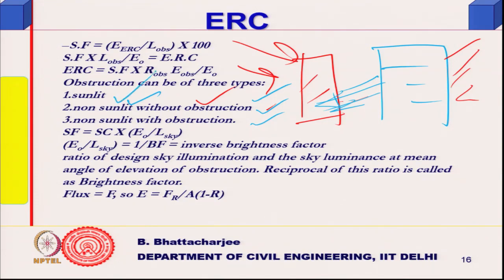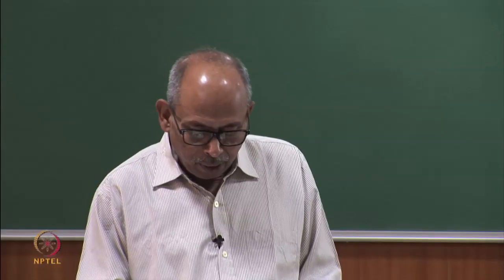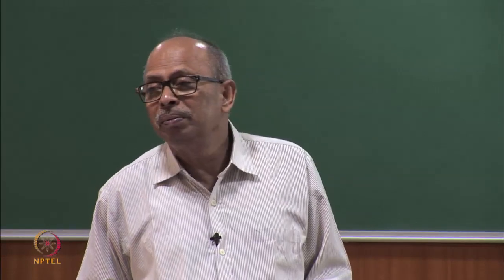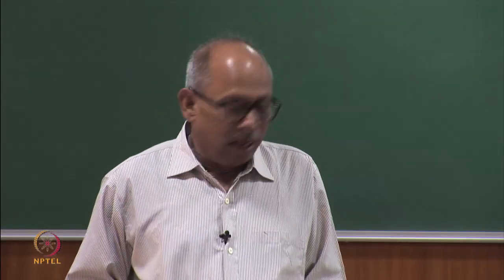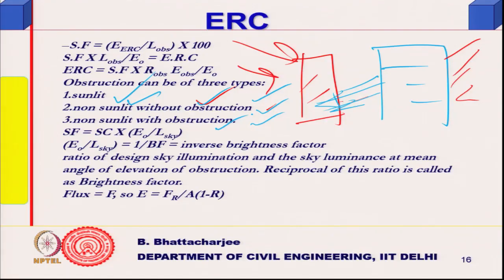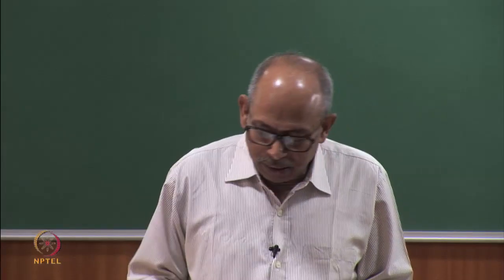So, there are 3 possibilities: sunlit, non-sunlit without obstruction, and non-sunlit with obstruction, right. So, it is classified in 3 classes, and for each of them this value is given.